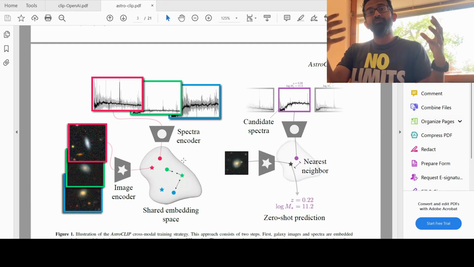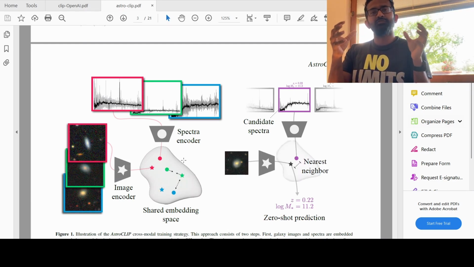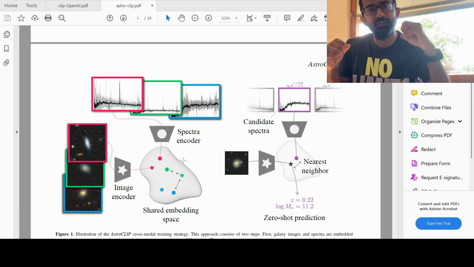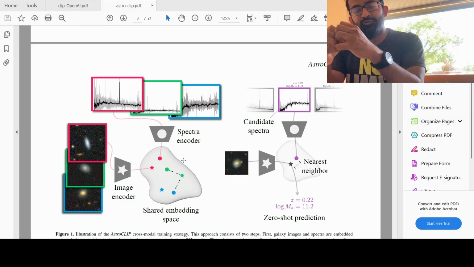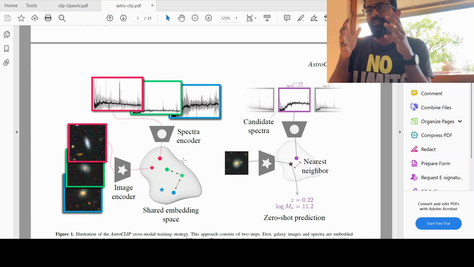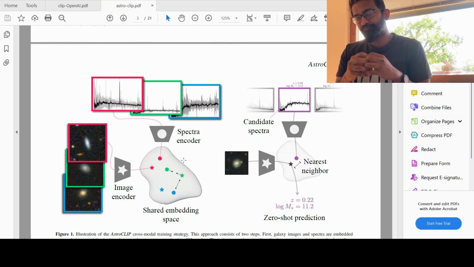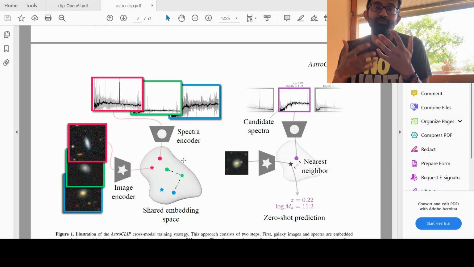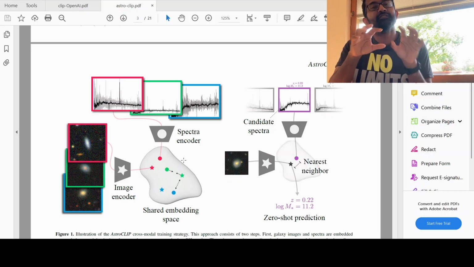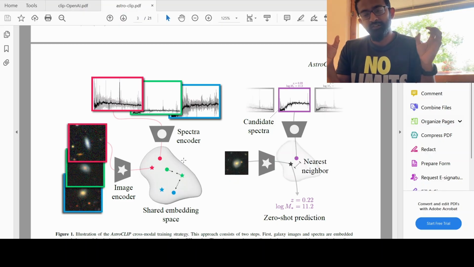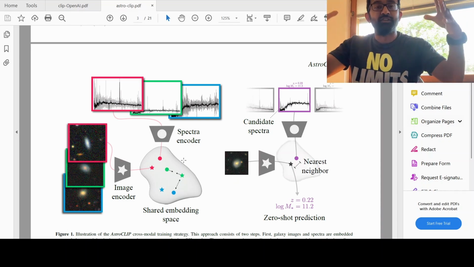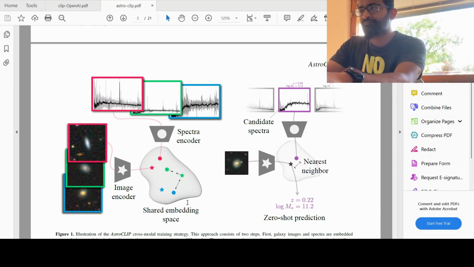Now you have these two different encoders, and you see the similarity between CLIP and AstroCLIP. You have this galaxy image encoding taking you to a compressed space, and the corresponding spectra taking you to a corresponding compressed space. Then, of course, you do the same shuffling: n true representations and n squared minus n false representations. You bring the true representations together and push the false representations farther apart.